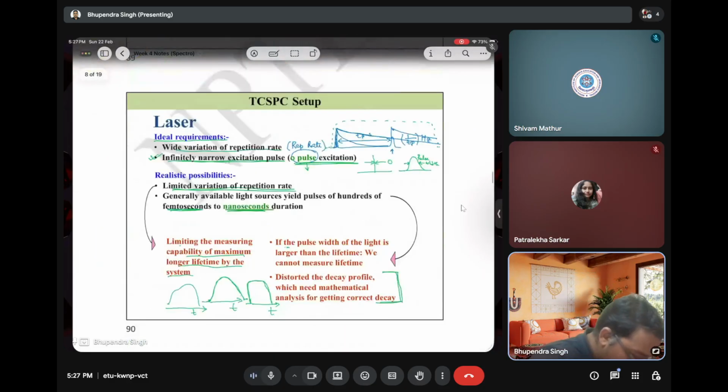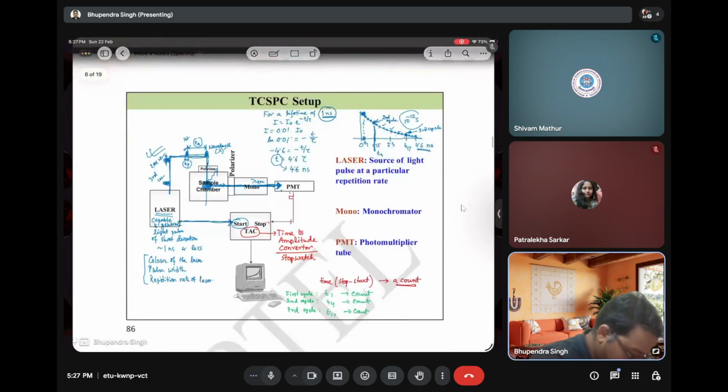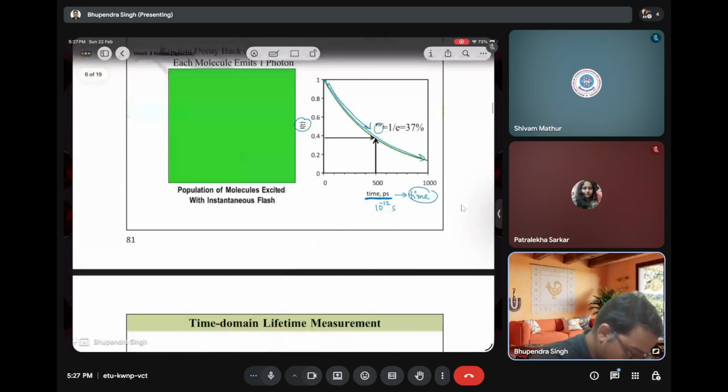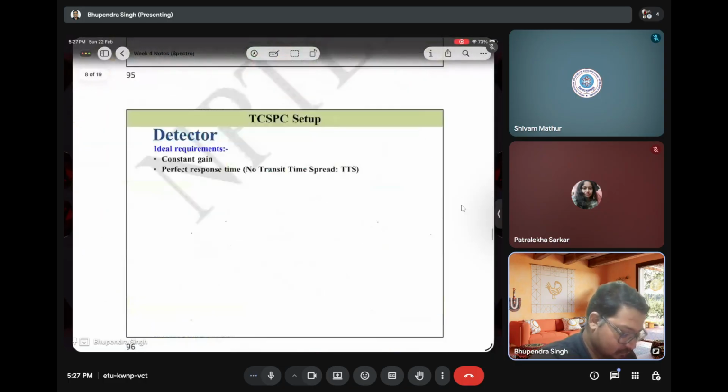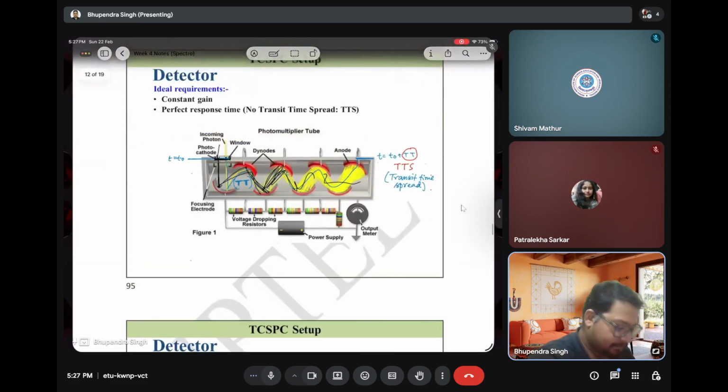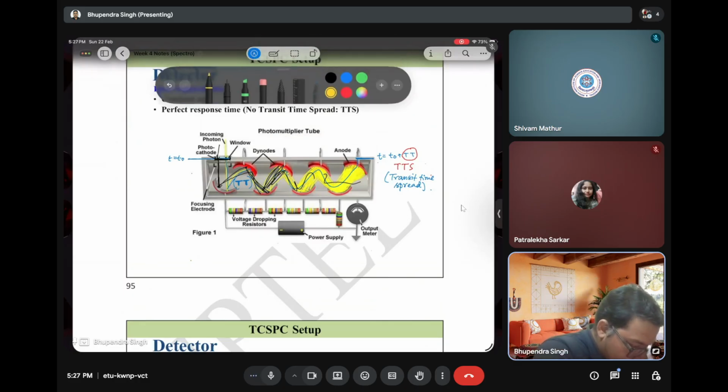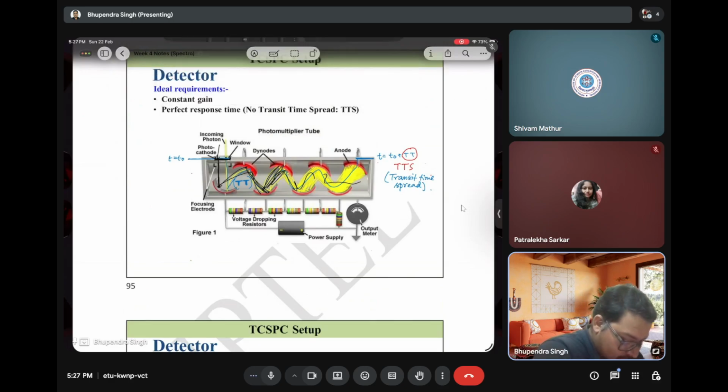Okay, what do you mean by this transit time spread? Where is the detector? Yes, this is the detector. Let's say the photon is coming, follow my pen, the green color photon I'm drawing.